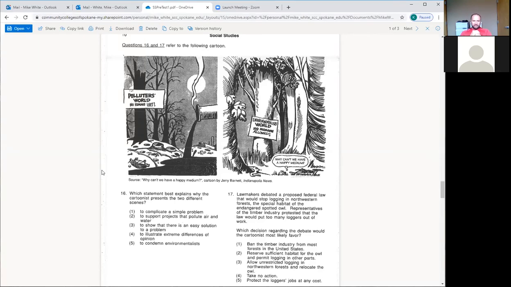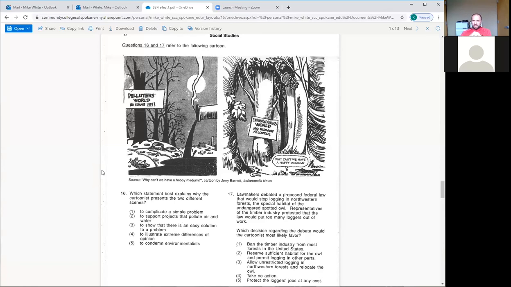Let's look at the other 3. Number 1, to complicate a simple problem. So-so, right? It's okay. Number 3, to show that there is an easy solution to a problem. There's nothing in here about proposing a solution to this issue. The cartoonist is just trying to shed light on the issue, not necessarily say there's an easy way, right? So it's probably not 3. And number 4, to illustrate extreme differences of opinion.